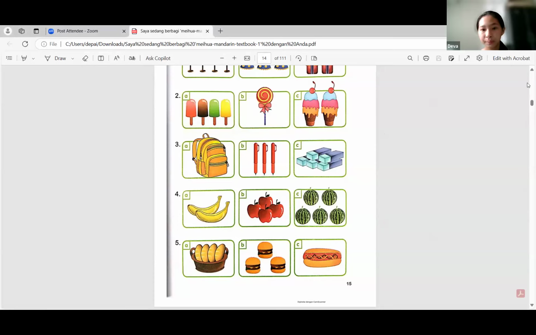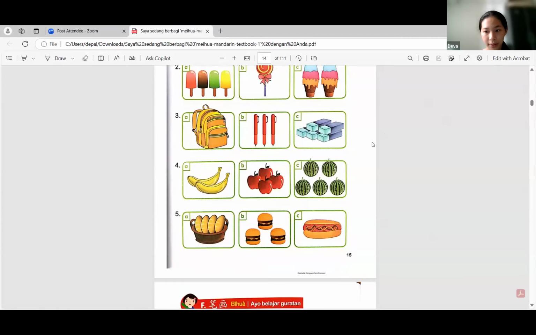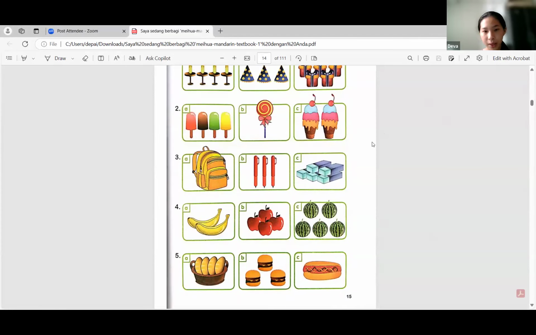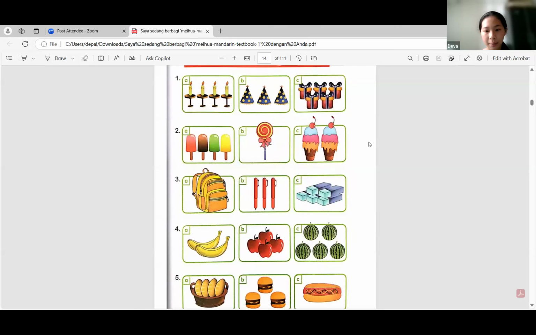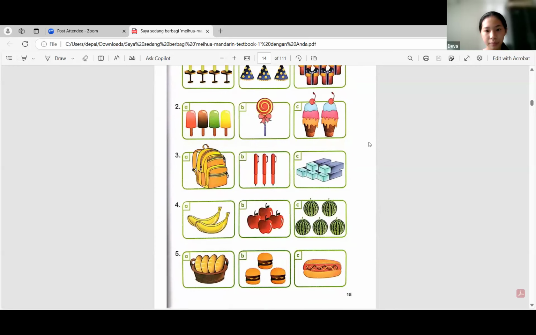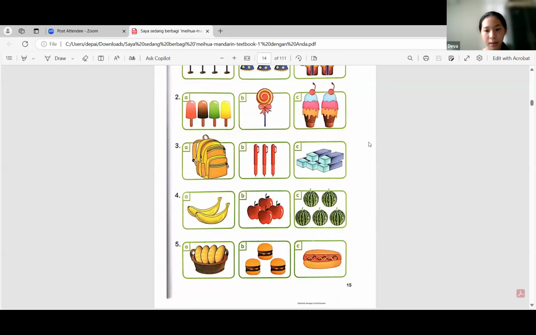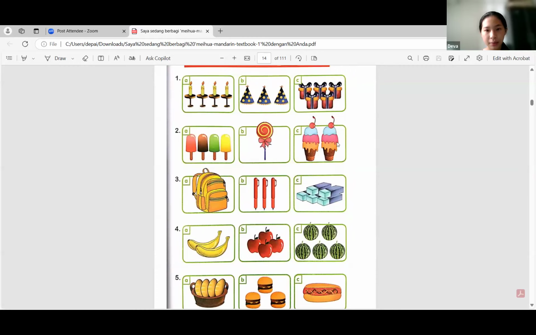Sambil menunggu, kita boleh buka dulu halaman 15.